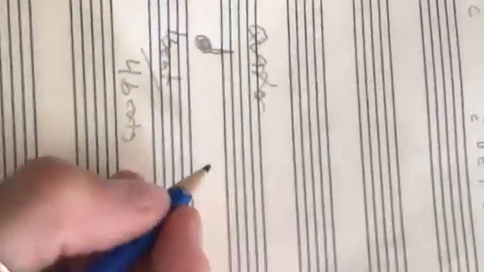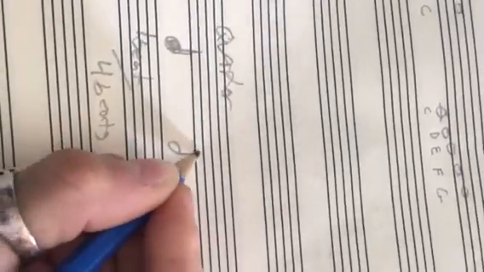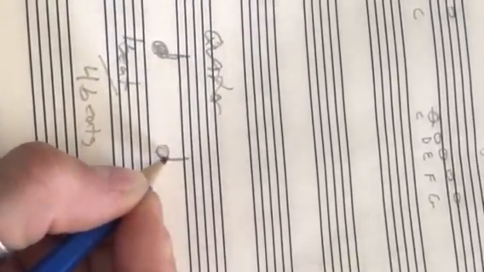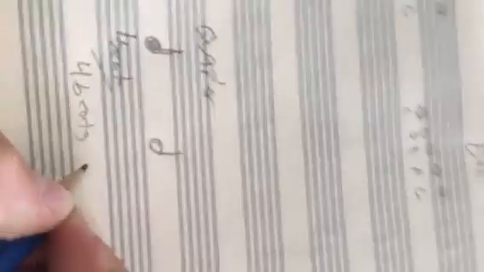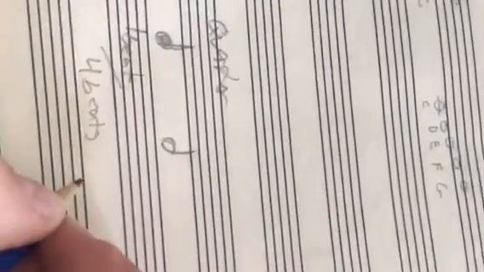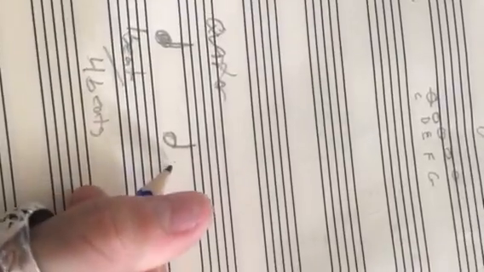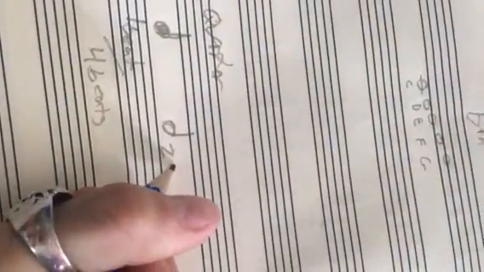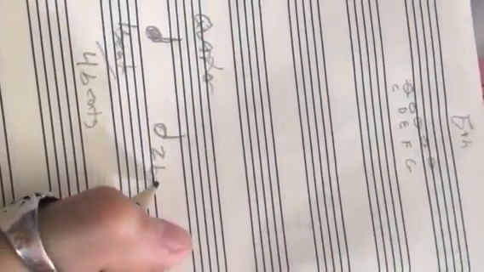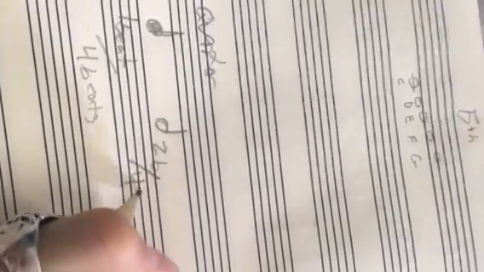And then the half note takes up half of the beats. So if there's 4 beats, then it's gonna take up 2 beats. So this is 2, I'm just gonna write B for short, beats out of 4 beats.